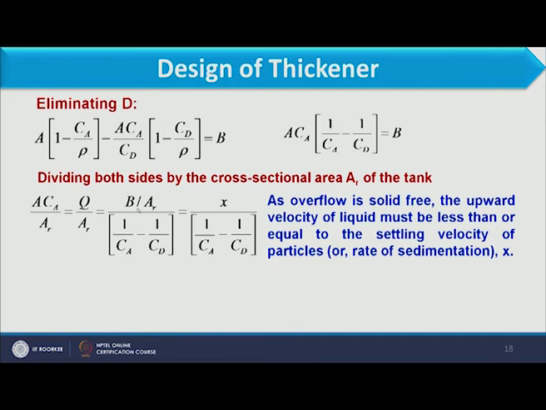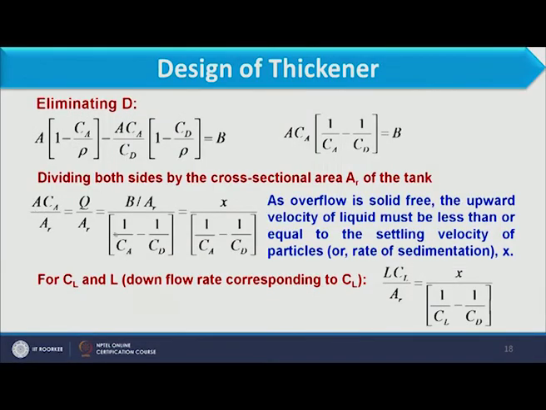Now this equation is applicable when we assume that the concentration inside the sedimenter and that of the outlet or underflow stream should be equal. However, in a sedimenter the concentration inside the tank will continuously change. Therefore, instead of considering the inlet feed and underflow, we have to consider one layer where the concentration will be almost uniform.